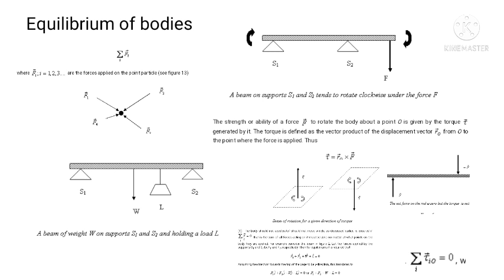Then the torque is independent of the point about which it is taken. We will prove it later. Thus the two conditions are both necessary and sufficient for equilibrium. That is all we need to do to achieve equilibrium.